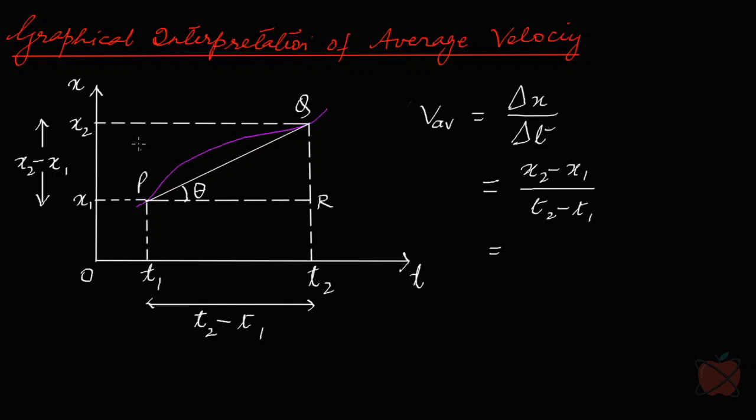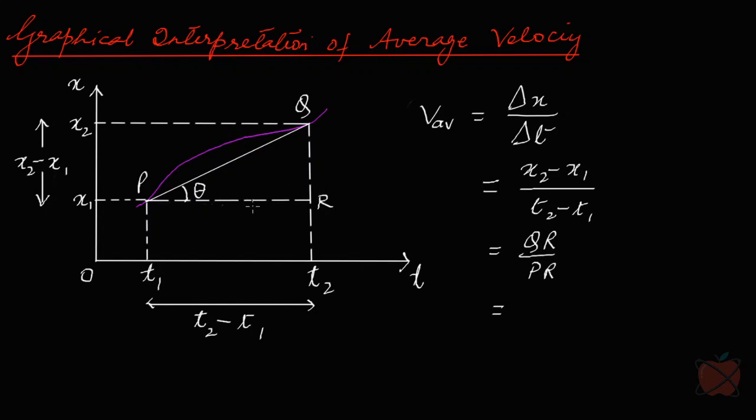And here x2 minus x1 is this line in the graph. This line here is equal to the side QR, and t2 minus t1 is equal to the side PR. But what is QR divided by PR? Isn't this perpendicular by base?